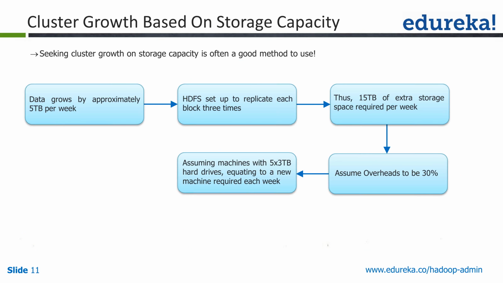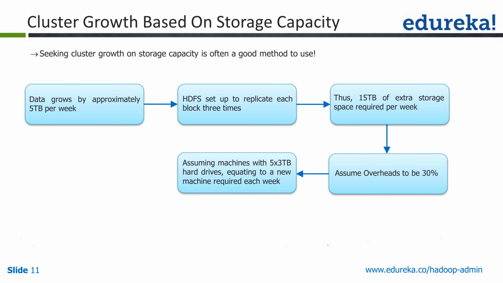So this is another important aspect when you're planning your Hadoop cluster. How will you grow your cluster based upon the storage capacity? Growing the cluster based on storage capacity is generally a good method, because there is no way to find out how much RAM or CPU an application that has not yet been created is going to take. So based upon the data storage size, we can create the Hadoop cluster.